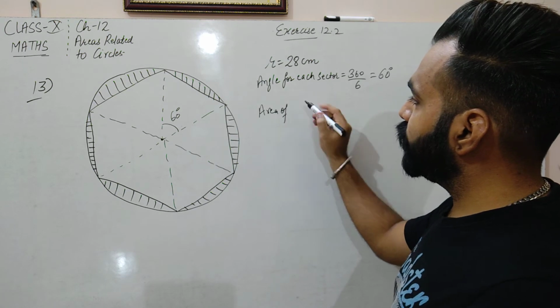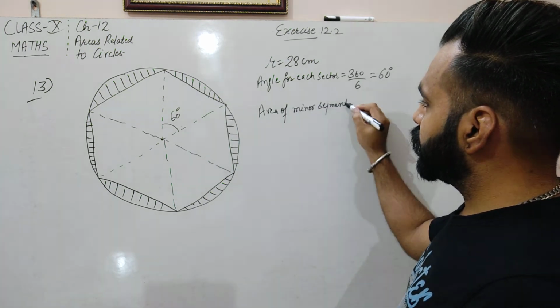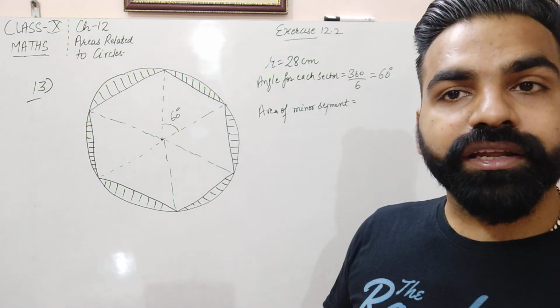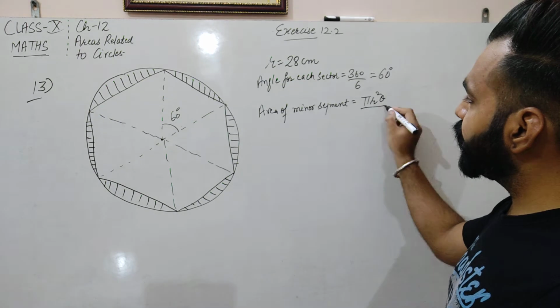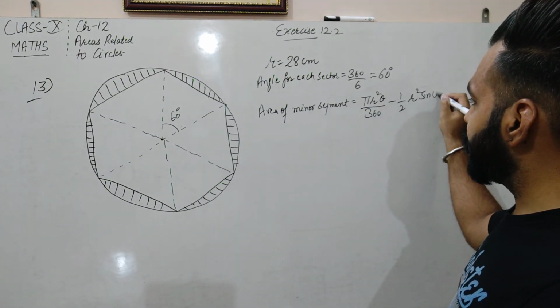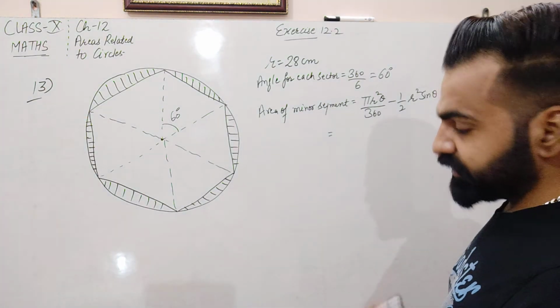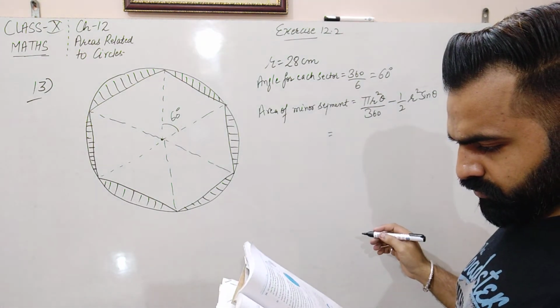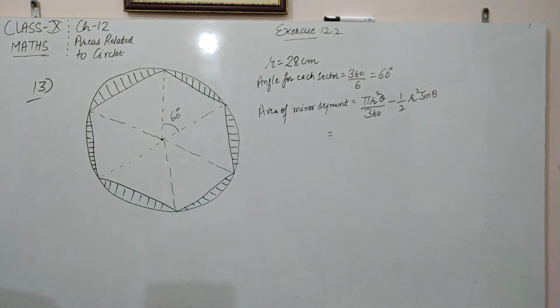So area of minor segment, what is the formula? Area of sector minus the area of triangle: pi r square theta divided by 360 minus half r square sin theta. So putting the values here, pi is not given, 3.14 is not given, so we can use 22 by 7.